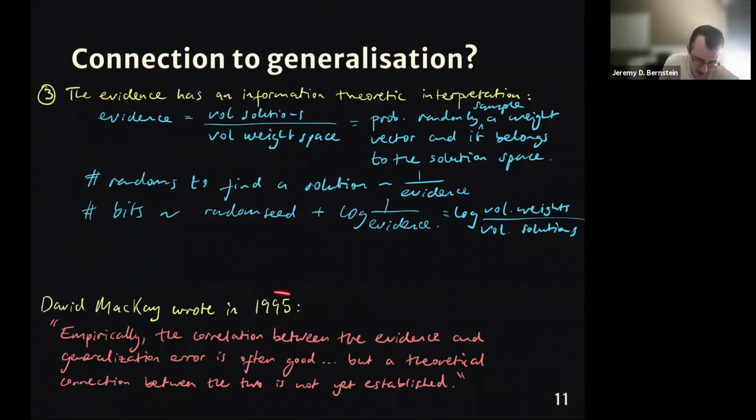In the years after 1995, a group of mathematicians developed this theory called PAC-Bayes, which formalizes the connection between the evidence, which I'm telling you to think of as the volume of solutions divided by the volume of weight space, and generalization. So that's what we're going to look at now.